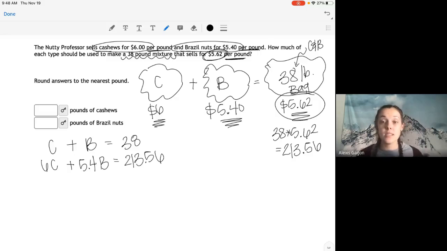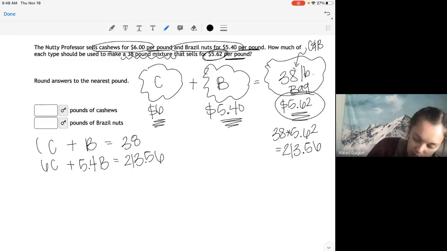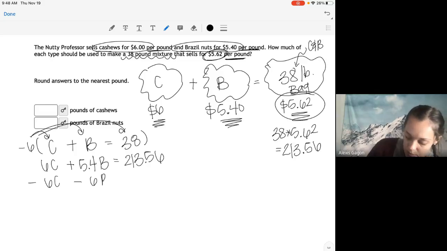All right, then at this point, we have two equations, two variables. We can solve this. Again, I'm just going to use elimination. I'm going to multiply this top equation by -6. So this goes into all of these, and I get -6C minus 6B equals 38 times -6 is -228.